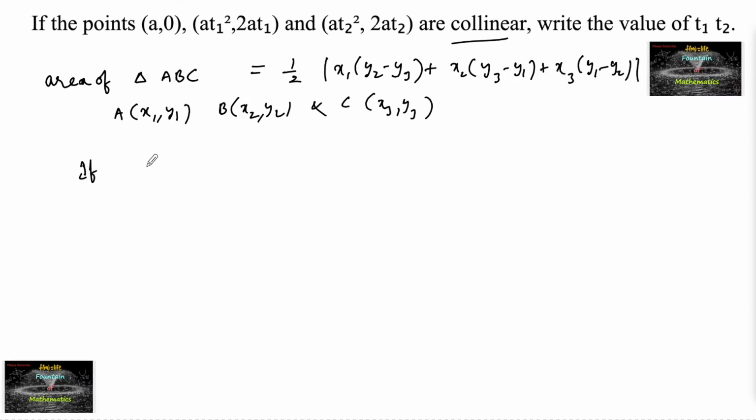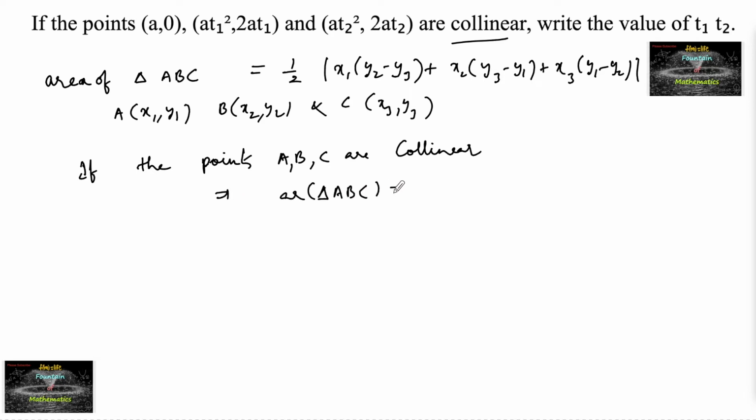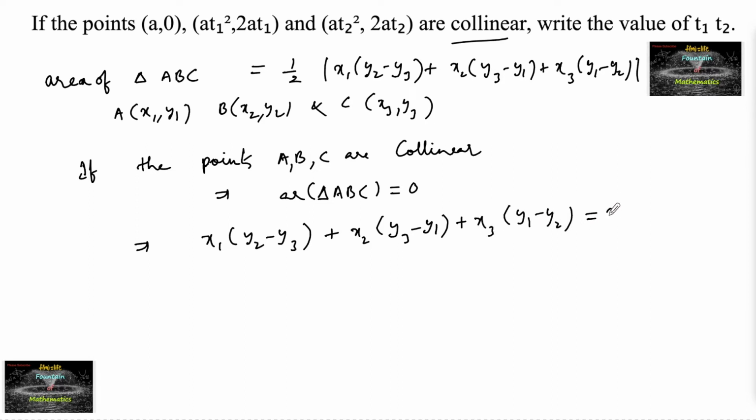If the points A, B, C are collinear, then the area of triangle ABC will be equal to 0. So we can consider x1 of (y2 minus y3) plus x2 of (y3 minus y1) plus x3 of (y1 minus y2) equals 0.